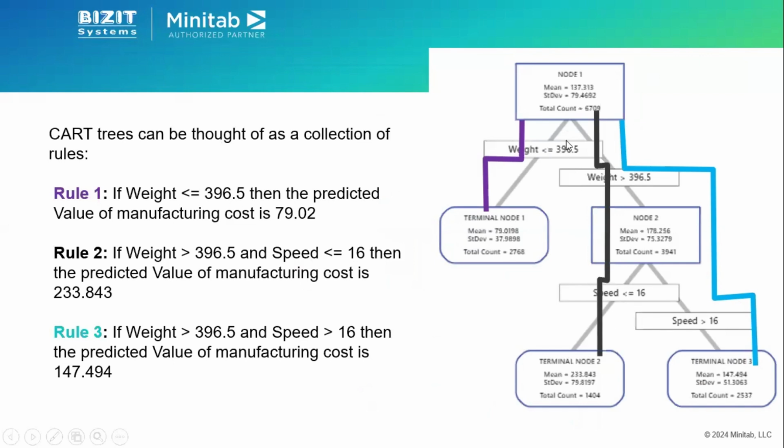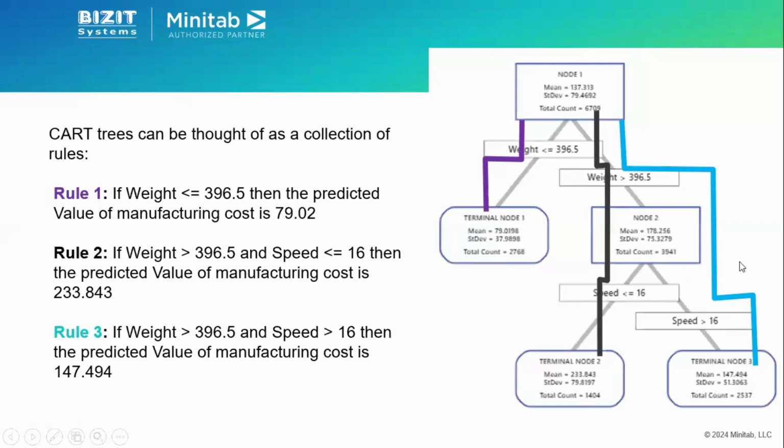The second row is coming from weight more than 396 and the speed less than 50, so the predicted manufacturing cost will be 233. And terminal node 3 is when your weight is more than 396 and your speed is more than 60, so you will get the mean of 147. So this is how we get the rules inside the tree.